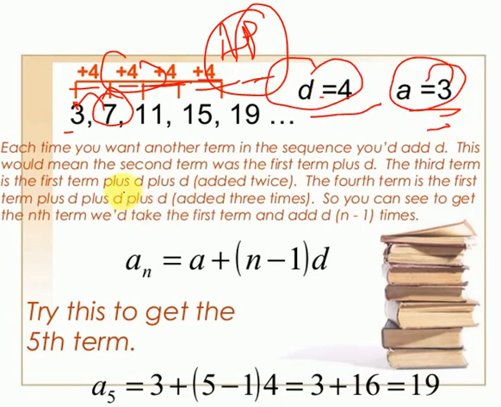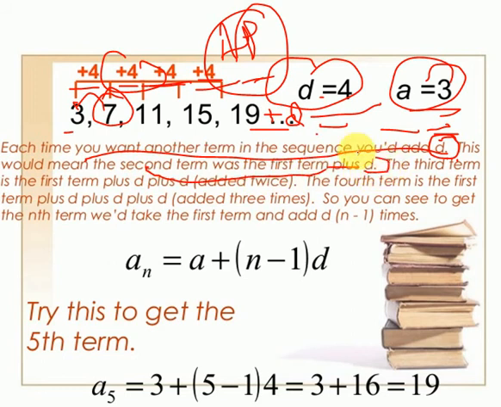Okay, now each time you want another term in the sequence, you have to add D, right? I have to add D, that is 4, again and again, so that I can get the next term. This would mean that the second term was the first term plus D. It means that the second term, that is 7, is 3 plus D, right?